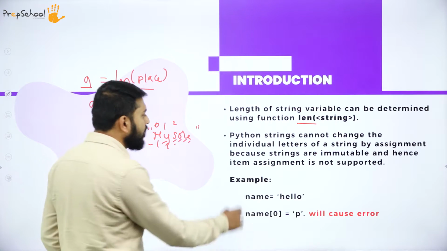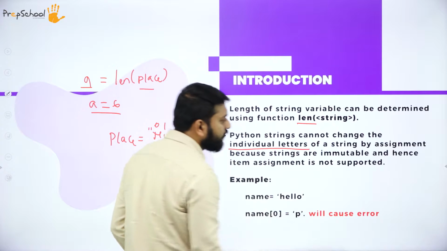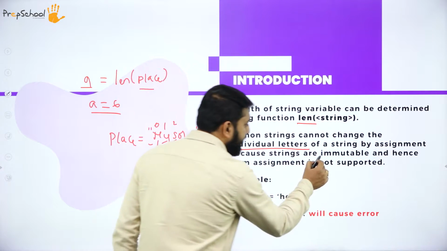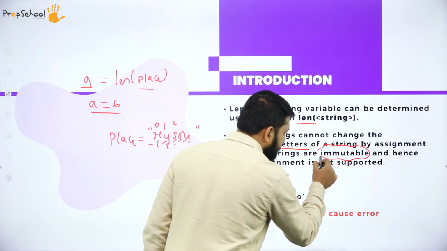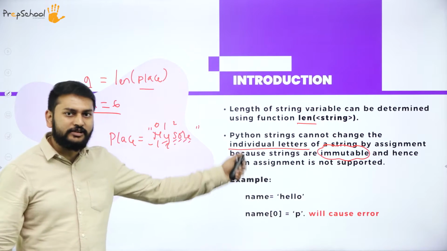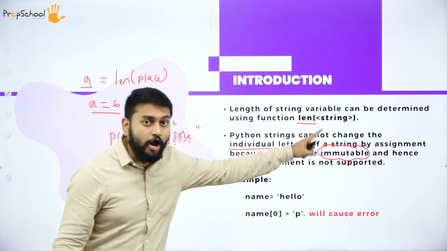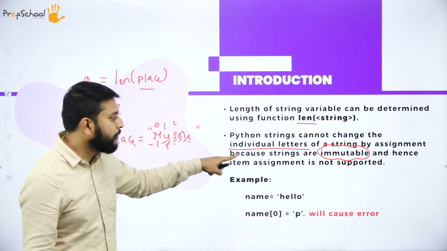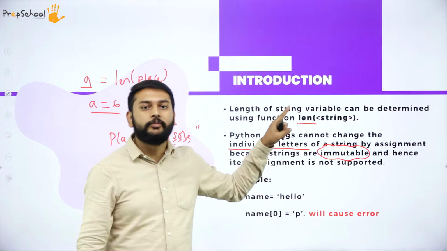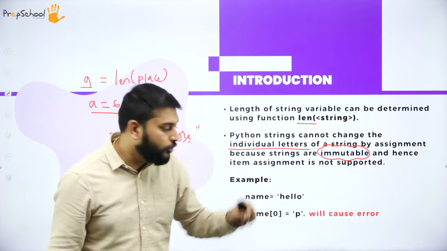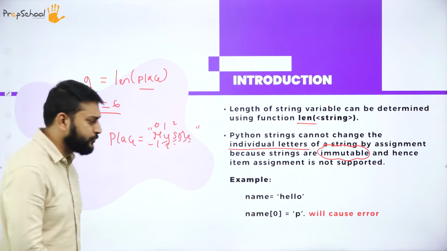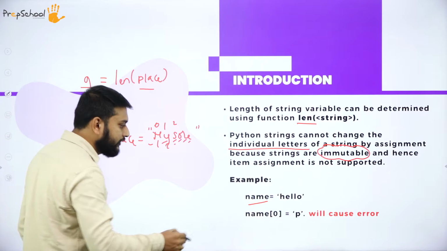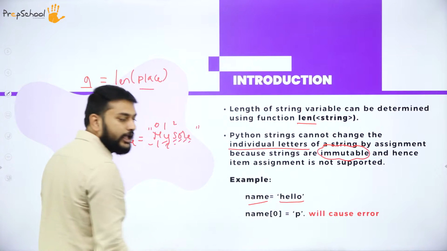A Python string cannot change an individual letter of the string by assignment, because strings are immutable. What exactly does this mean? Imagine I have name, a variable in which I am storing a string.